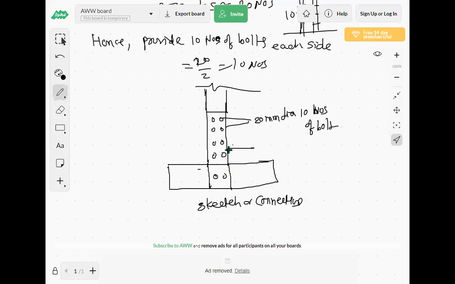So like this is your ISHB 350 column. This is your gusset base plate. So here an angle will be there, this angle.